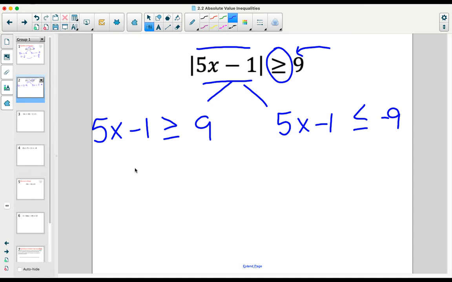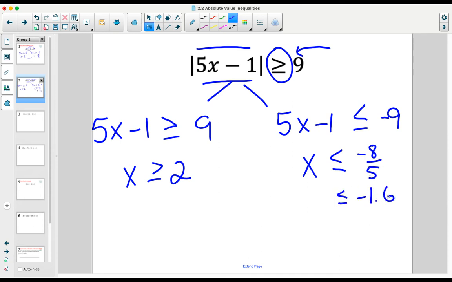So we're going to add 1 and divide by 5, and we get x is greater than or equal to 2. And on the right, we're going to add 1 and divide by 5, and we get x is less than or equal to negative 8/5, also known as negative 1 6/10. If we're picturing this on a number line, we'll have 2 over here, we'll have negative 1 6/10 over here.